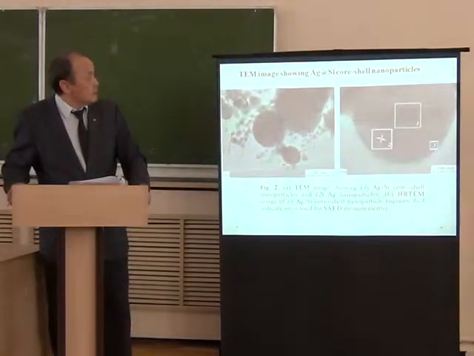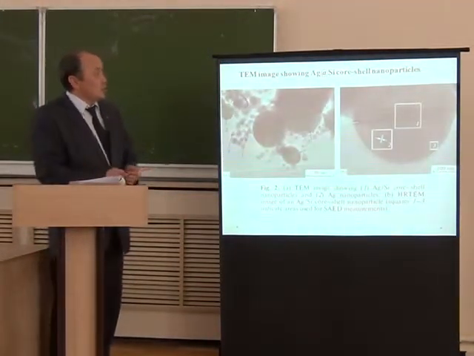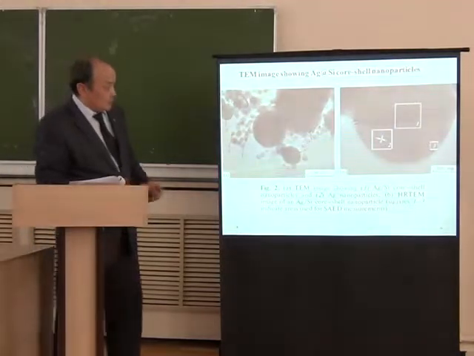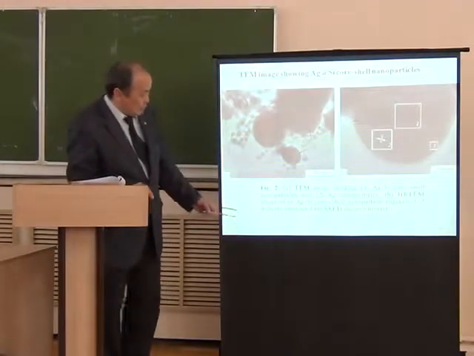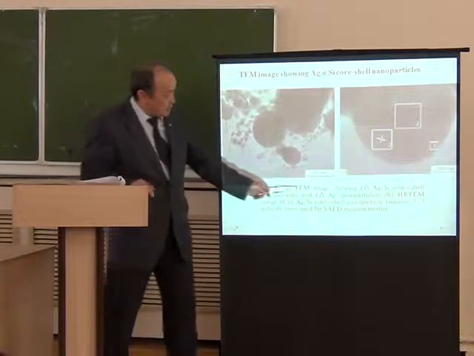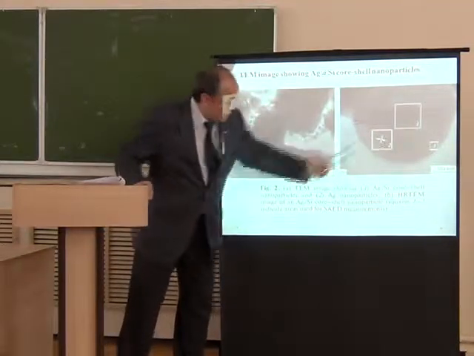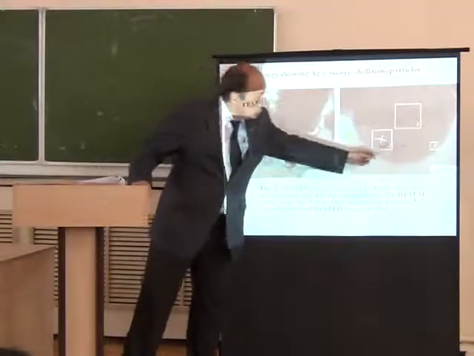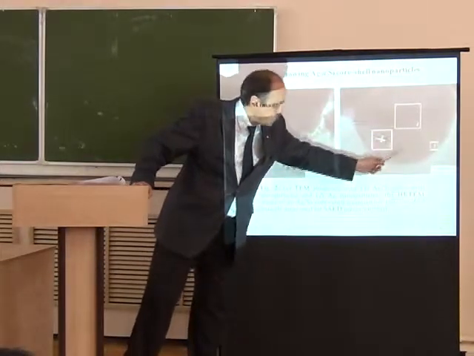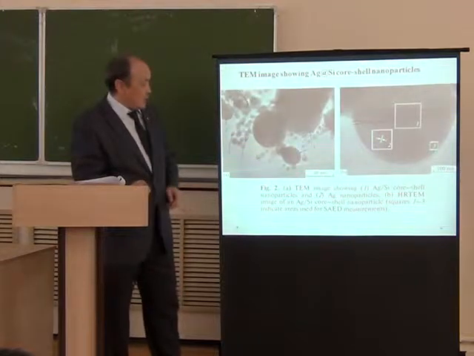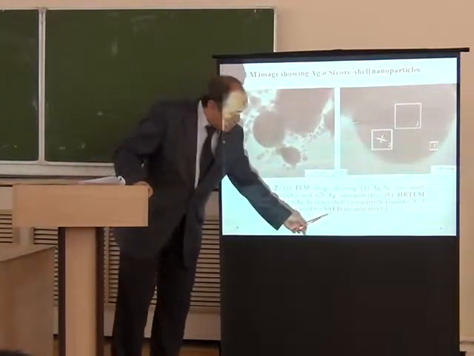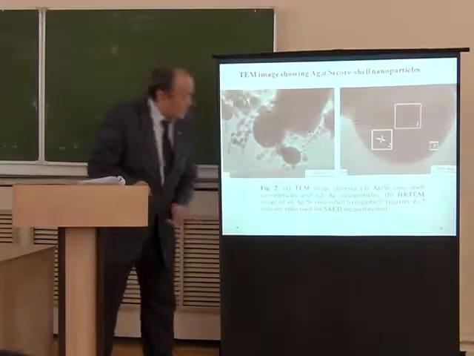Following slide. Then image showing silver silicon core shell nanoparticles. Then image showing core shell nanoparticles and silver nanoparticles only. Squares 1, 2, 3 indicate areas used for SAED measurements.